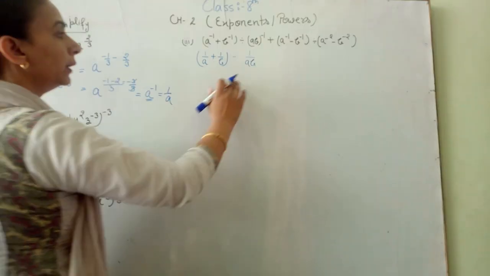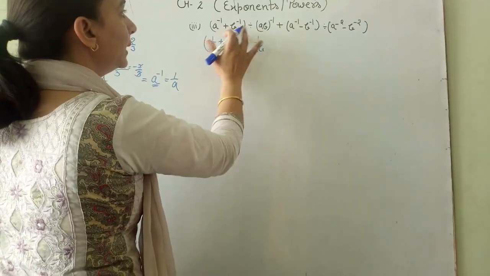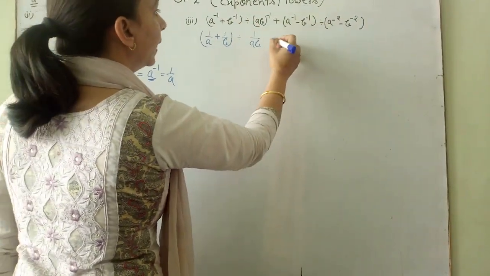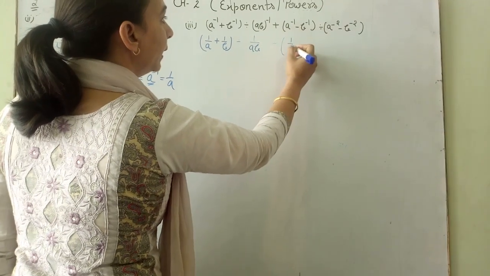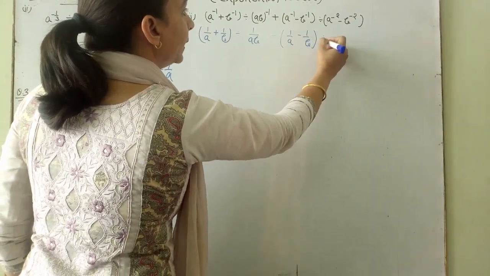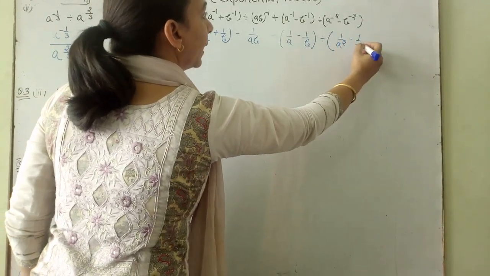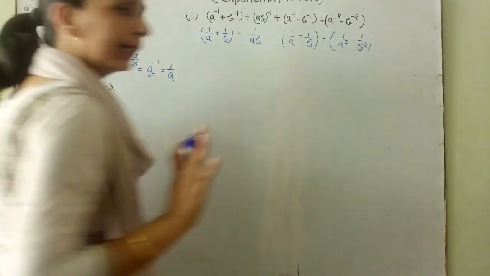No problem, you write or note it. Again, then these are divided by this. Again, plus the same, we can write 1 by a minus 1 by b divided by 1 by a square minus 1 by b. Students, clear?